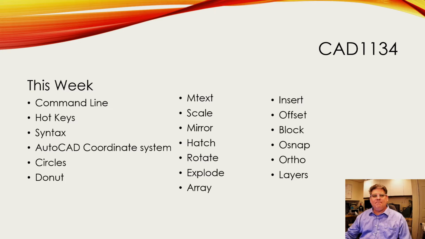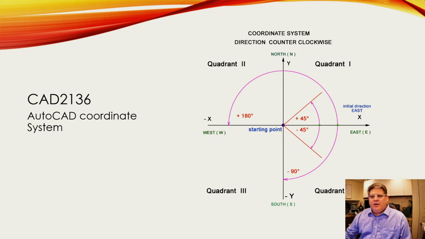All right. So this next slide here is talking about the coordinate system. Now, a coordinate system, everybody should remember from high school math, that we have an X and a Y plane when we're dealing with 2D. If we had a 3D, then there would be your X, your Y, and your Z axis.